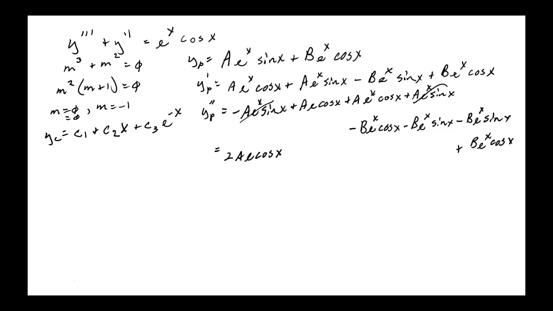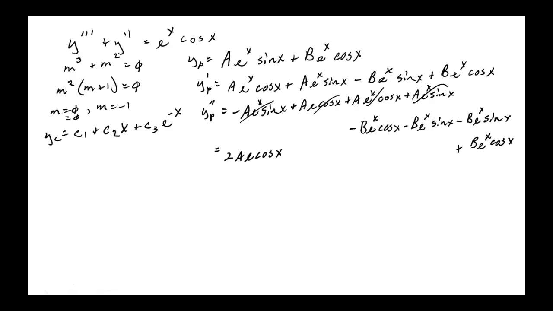Yeah, the first three are negative. Here's a minus b e to the x cosine x and a plus b e to the x cosine x. Those go away, leaving you minus 2 b e to the x sine x. All right. There's your y double prime. That makes taking y triple prime a lot easier. I left off my x up here.